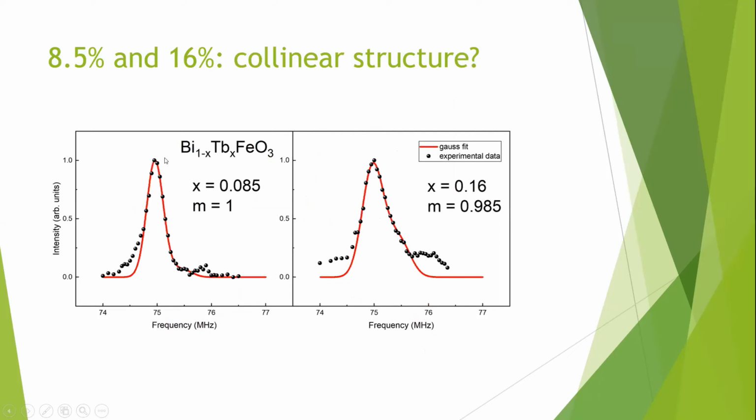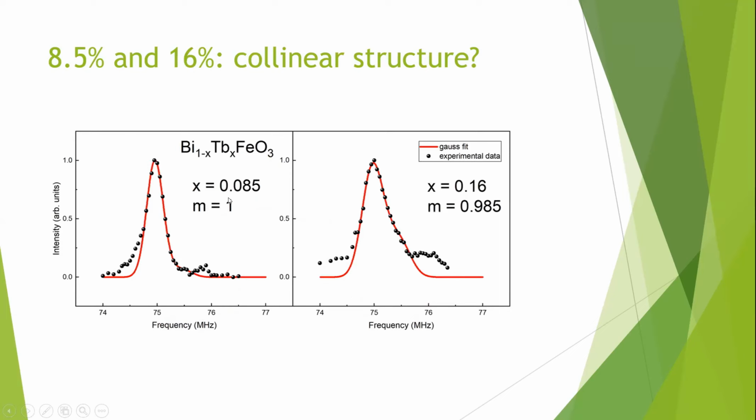And now the most interesting samples: the samples with 8.5% terbium doping and 16% terbium doping. Here we can see that this one is totally anisotropic, and the anharmonicity parameter is maximum. It's almost 1.